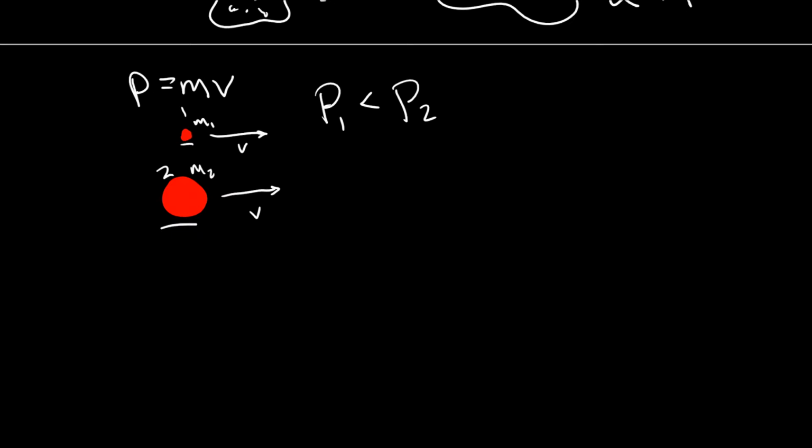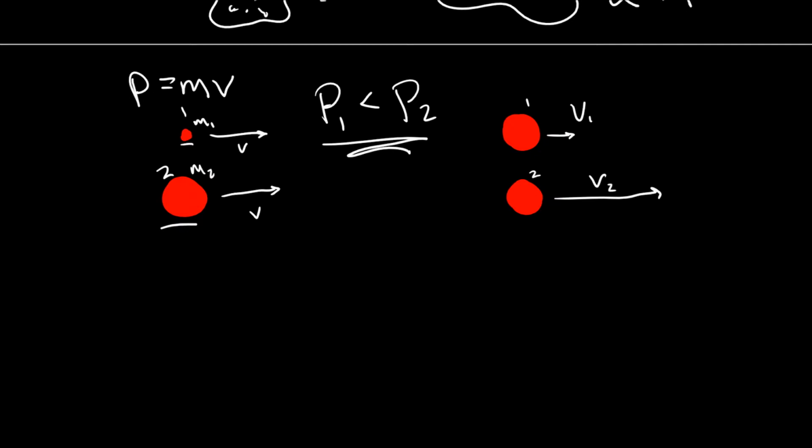In a similar way, I can consider two objects with the same mass, but in this case, this one will be 1, this one will be 2. I'll say that V2 is greater than V1, and we see a similar thing, that P1 is less than P2.